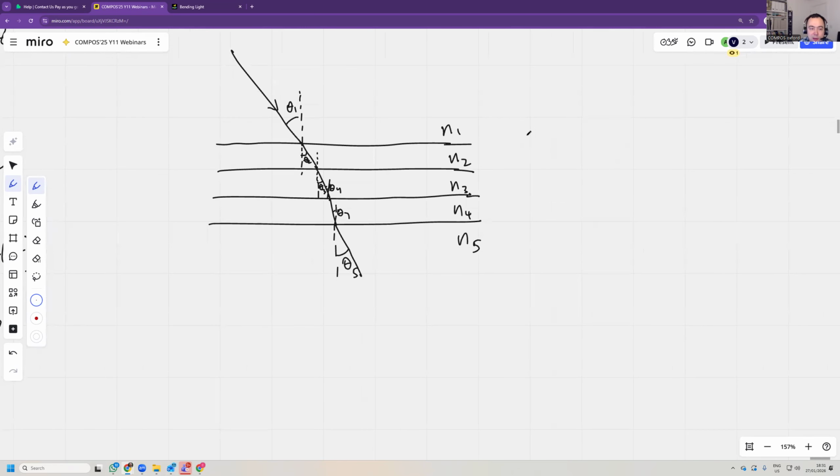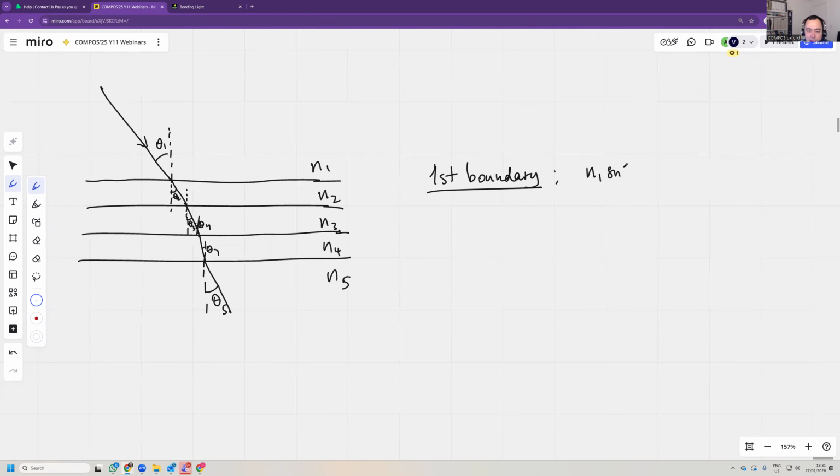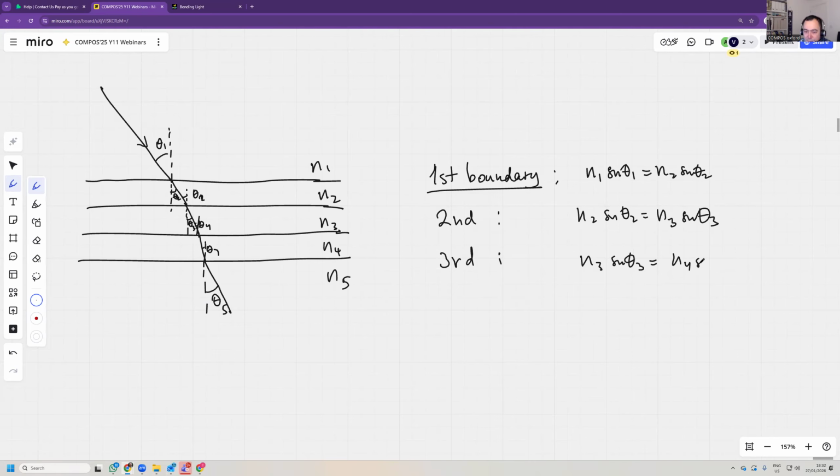And remember Snell's law. For the first boundary, we can write Snell's law: N1 sine theta 1 must equal N2 sine theta 2. For the second boundary, the angle of incidence is theta 2, so N2 sine theta 2 must equal N3 sine theta 3. This is just Snell's law. The third boundary, N3 sine theta 3 equals N4 sine theta 4.